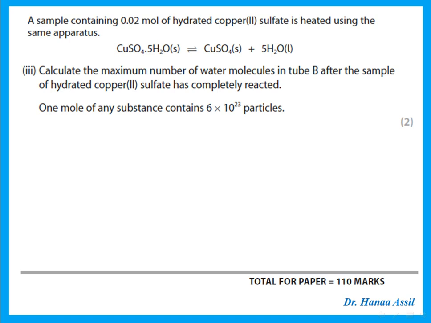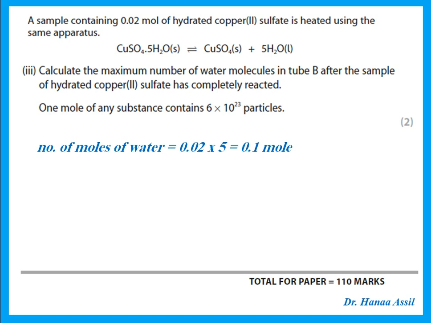He started with 0.02 mole of the hydrated copper sulfate. And from that equation, you can see that 1 mole of copper sulfate 5 water will give how much water? It gives 5 H2O. So if I'm starting with 0.02 mole of hydrated copper sulfate, then the number of moles of water is 5 times that. So the number of moles of water is 0.1.